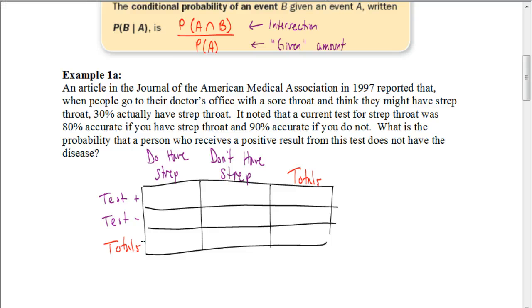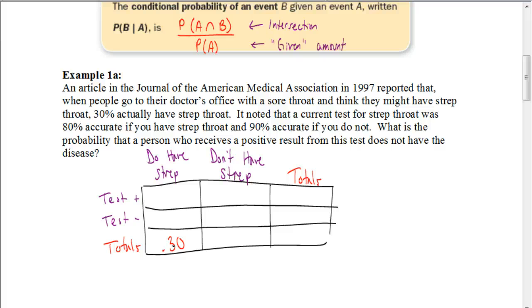Let's start out with what we know. It says when people go to their doctor's office with a sore throat and think they may have strep throat, 30% actually do have strep throat. So that means 30%, or 0.3, of the people that go in actually do have strep throat.